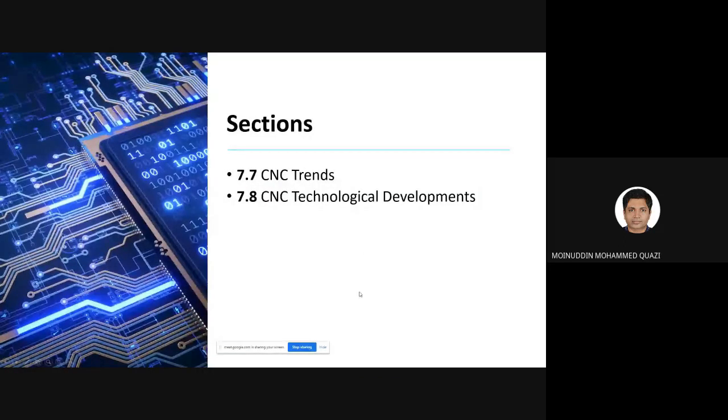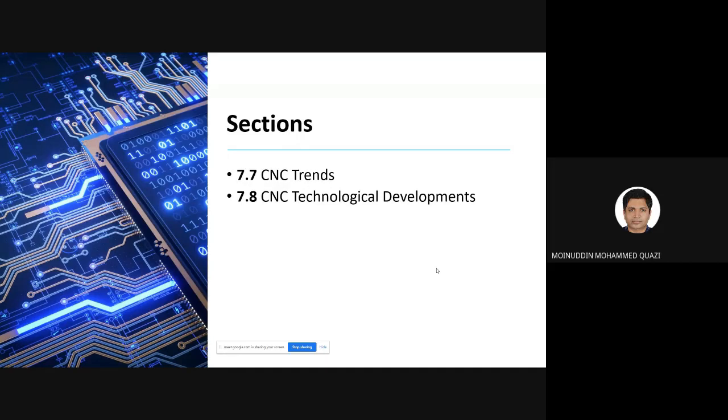So when we talk about trends and technological developments, we see that currently, with the advent of CNC technology, new things are coming up.